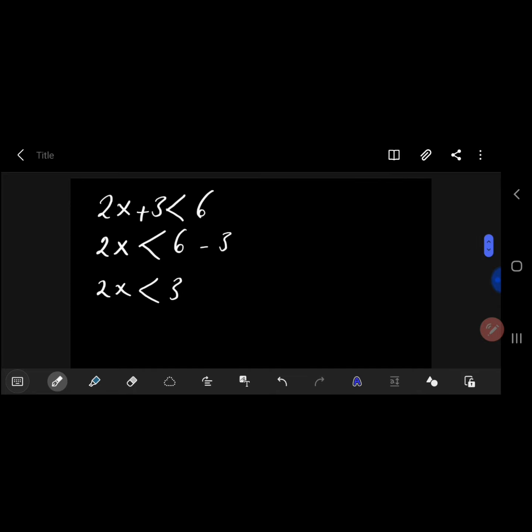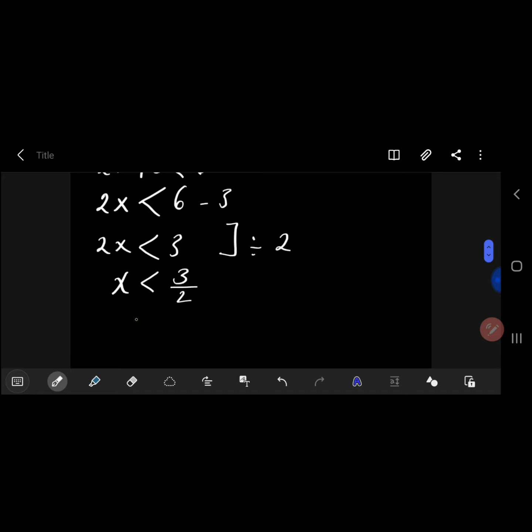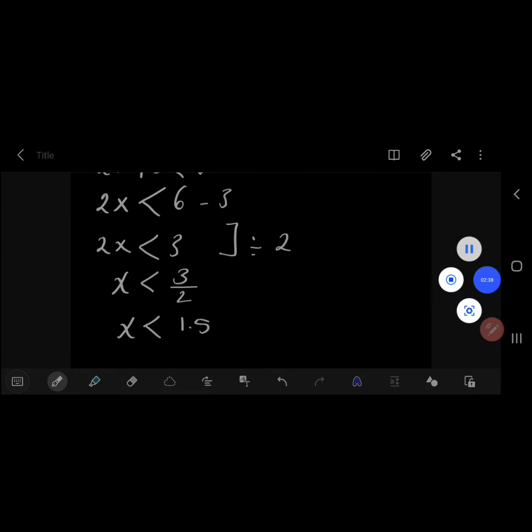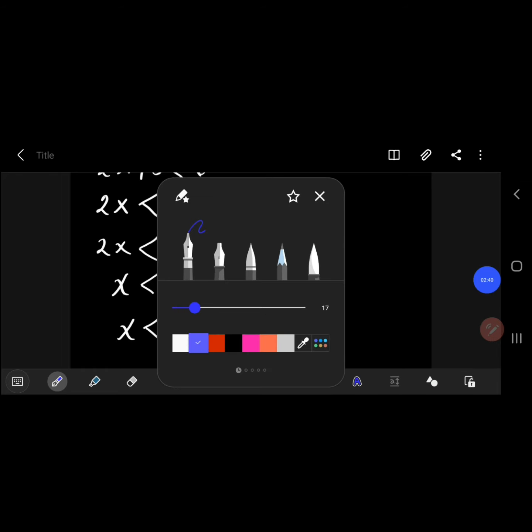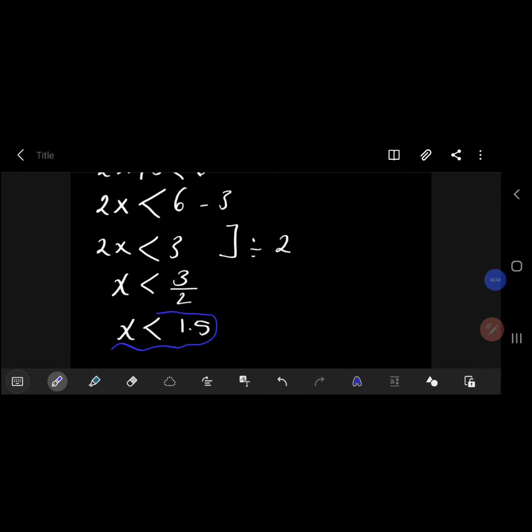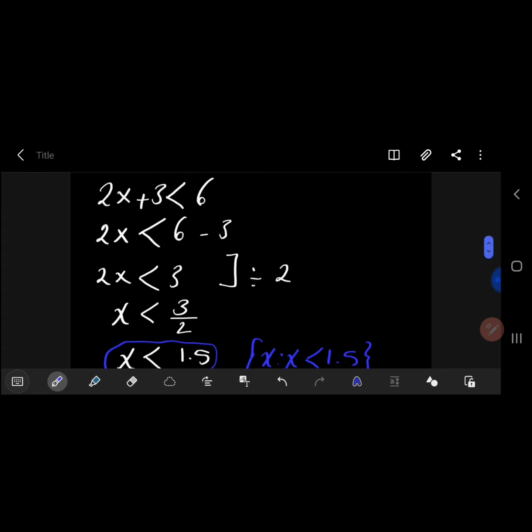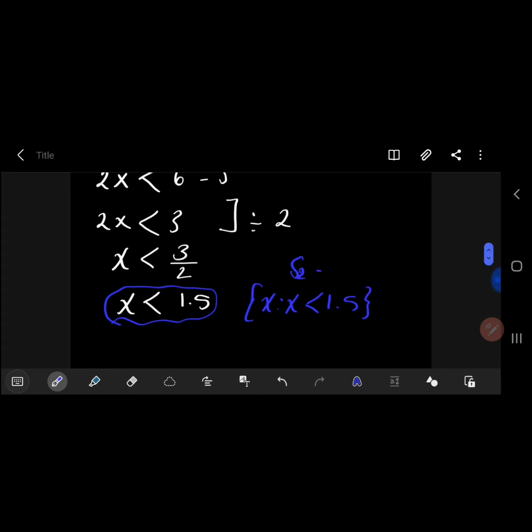So here I will divide the whole inequality by 2. So x smaller than 3 over 2. That means x smaller than 1.5. So for all x smaller than 1.5, this is the second value of x.